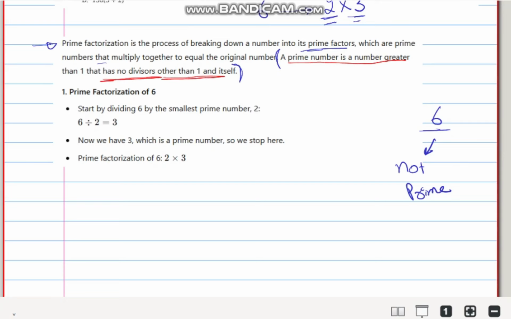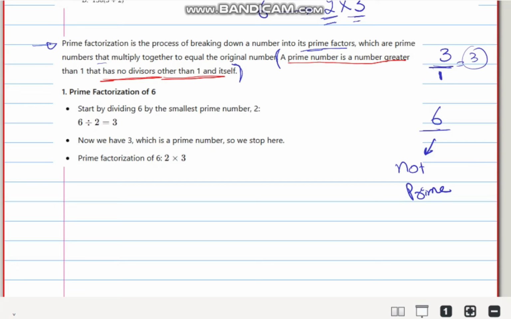For example, 3 cannot be divided by any other number, it can only be divided by 1. 1 multiplied by 3 is 3. So basically 3 is a prime number.